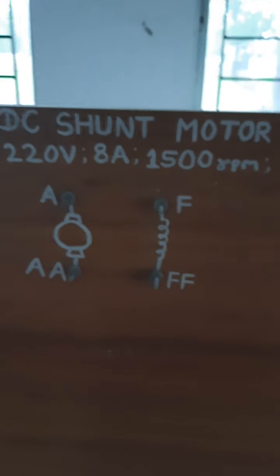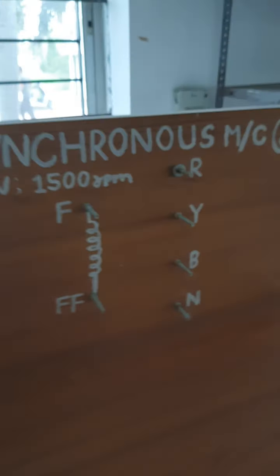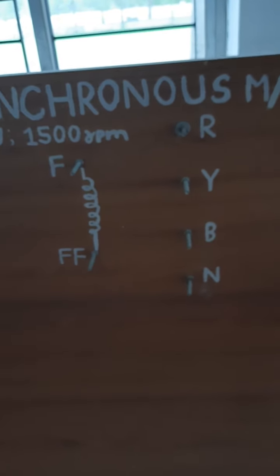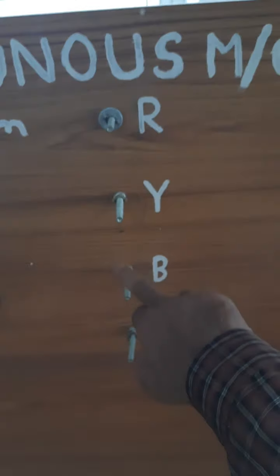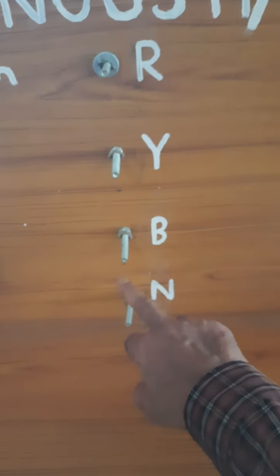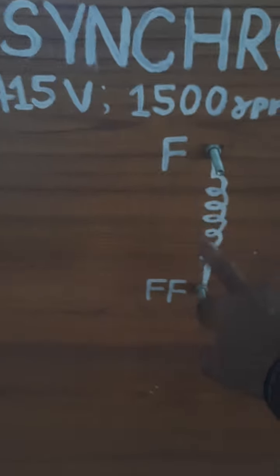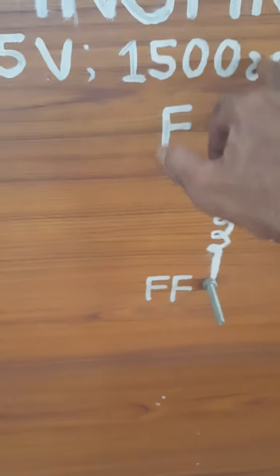Another motor is the DC shunt motor. This is a synchronous motor, and the motors are kept on the back side. The terminals are kept on this side. These are the terminals for the motor: 3-phase and neutral. These are the field winding terminals F and FF. You can feed 3-phase supply for 1500 RPM. This is the specification of the motor, and this is the voltage which is to be given to the synchronous motor.